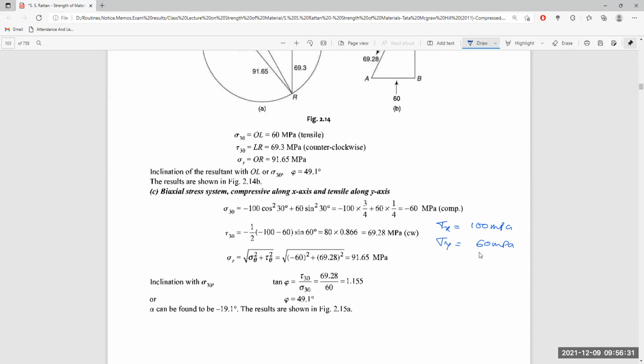Sigma x is compressive, so you should add a negative sign to it. Sigma y is tensile, so we don't have to do anything for it.